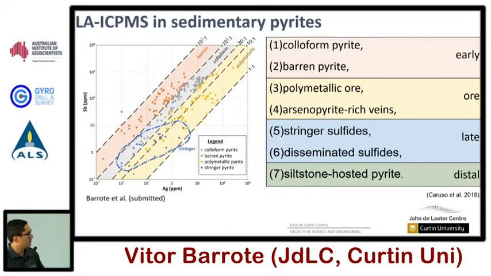distal siltstone hosted pyrites. So first of all, when you analyze the polymetallic ore sulfides, including the polymetallic, you have these different signatures of antimony over silver ratios.